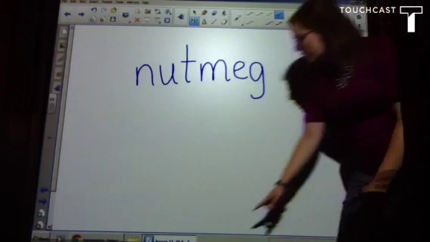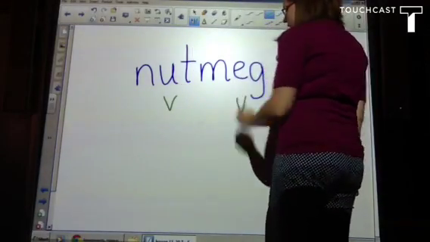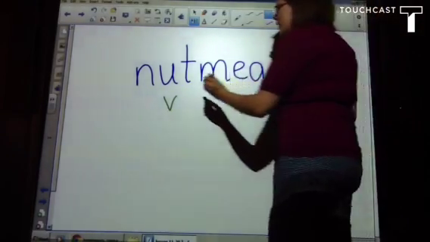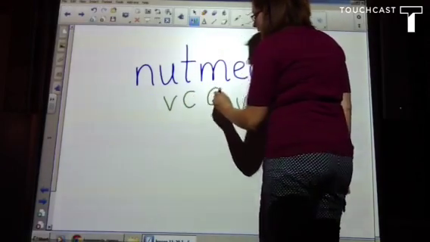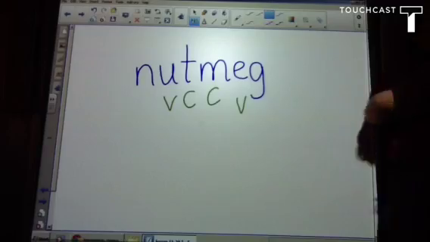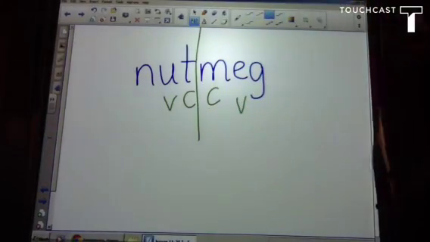So I need to mark my vowel sounds by putting small little v's underneath them. Then I need to find the consonants between them. The consonants in between. Very good. So my T and my M. Where's the best place to divide this word? Between the consonants. The T and the M. Very good.